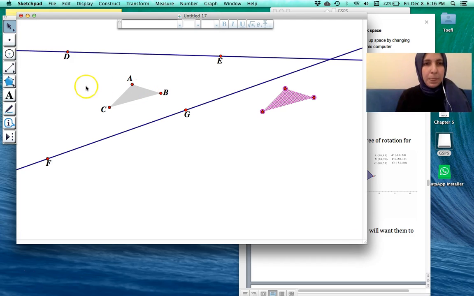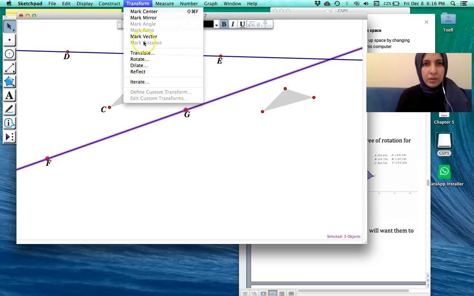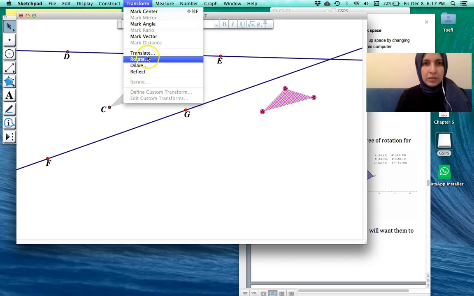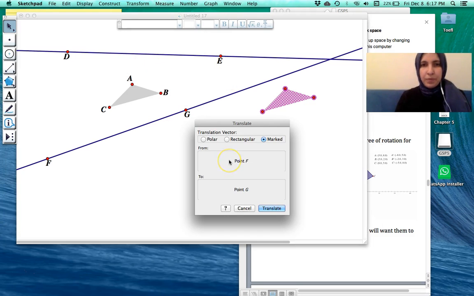Yes, after I got it, pick this one as a vector, and then choose this triangle with all these points and then translate it.